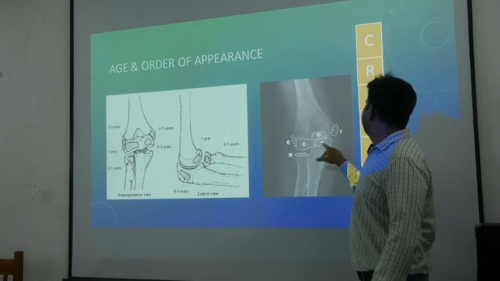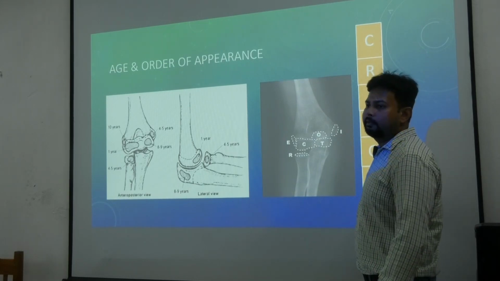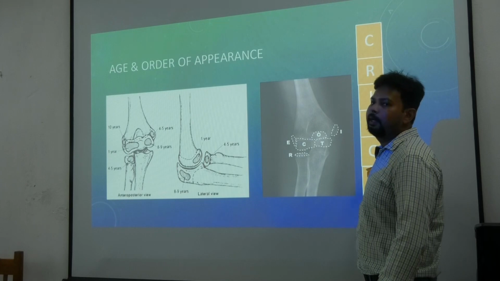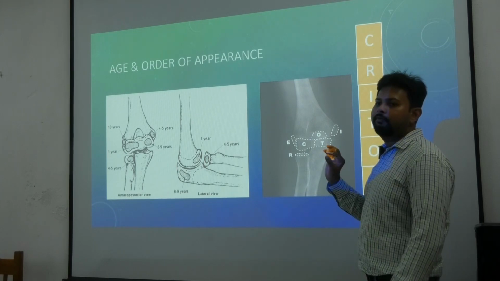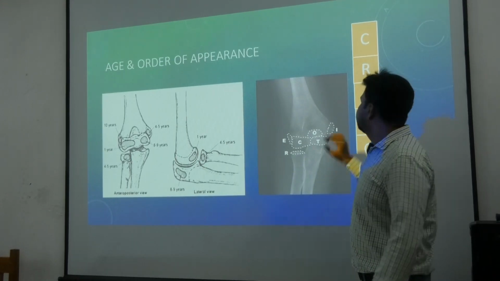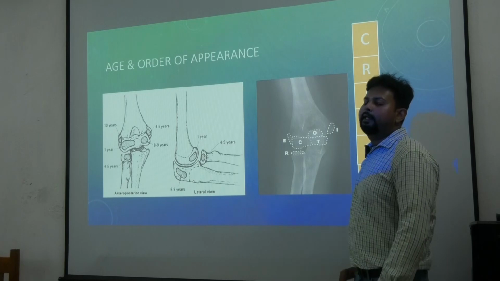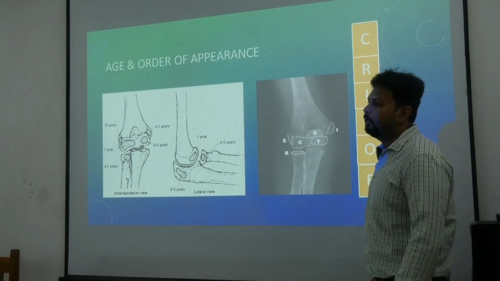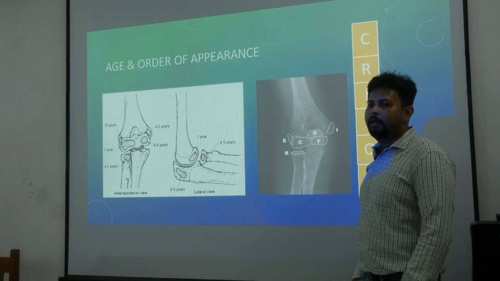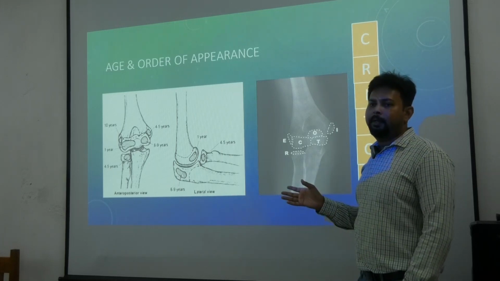CRITOE is a mnemonic to remember the age of appearance of ossification centers. C is for capitulum, R is for radial head, T is for trochlea, O is for olecranon process, and E is for external epicondyle.